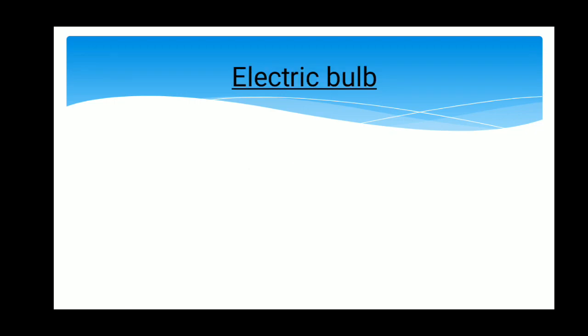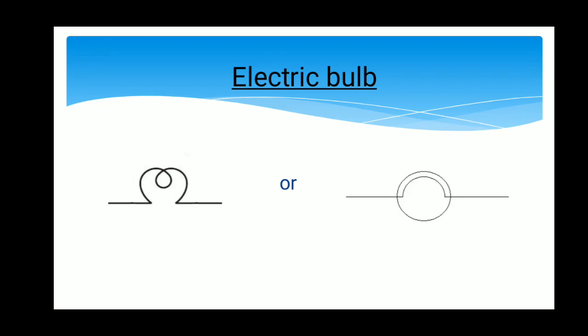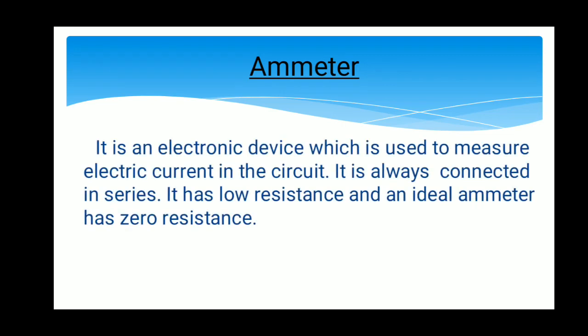Electric bulb. We are all familiar with the electric bulb. It has 2 symbols as shown in the figure. Generally, the first symbol is often used to represent an electric bulb. Ammeter. It is an electronic device which is used to measure electric current in the circuit.